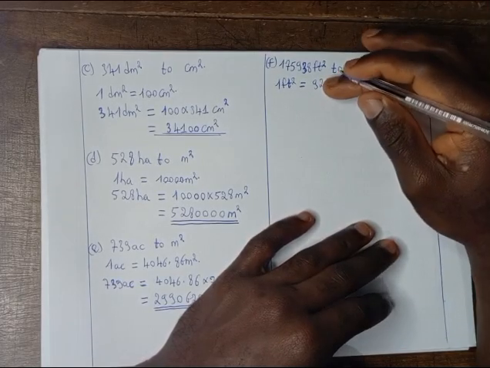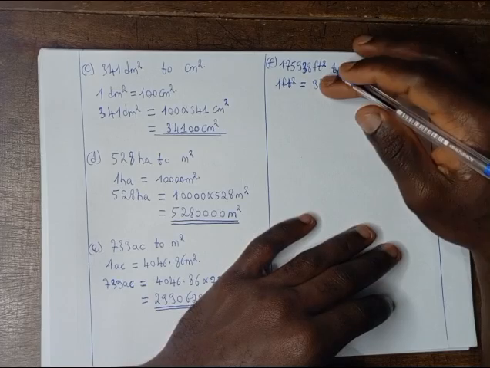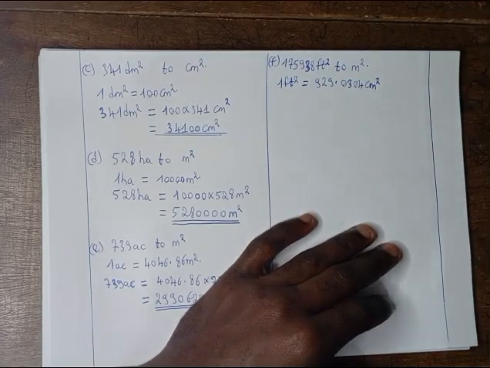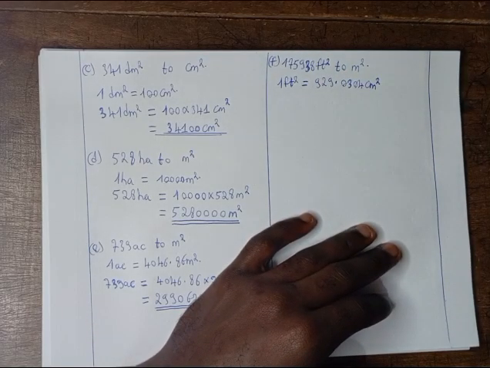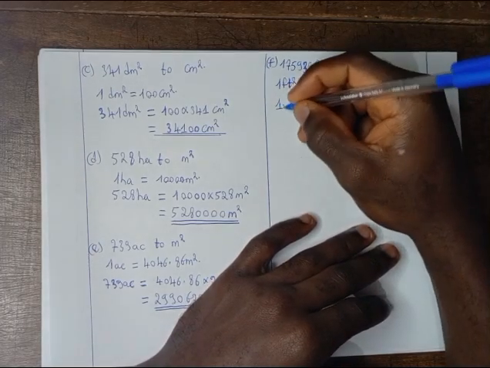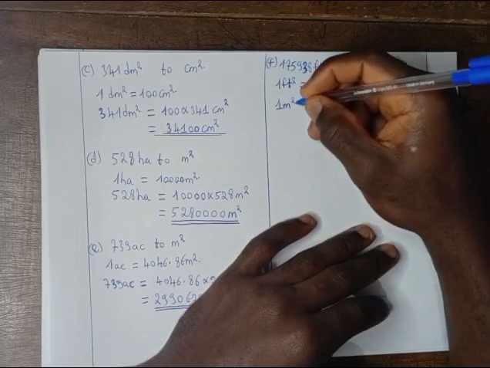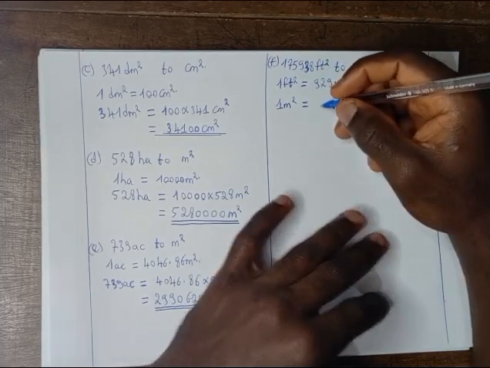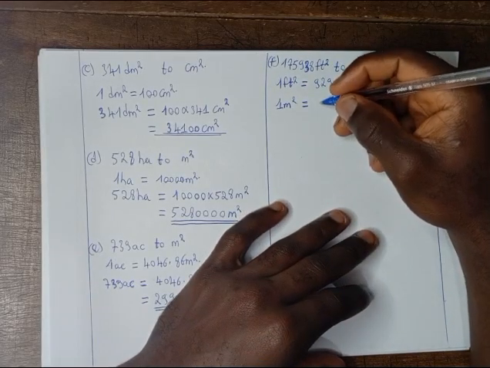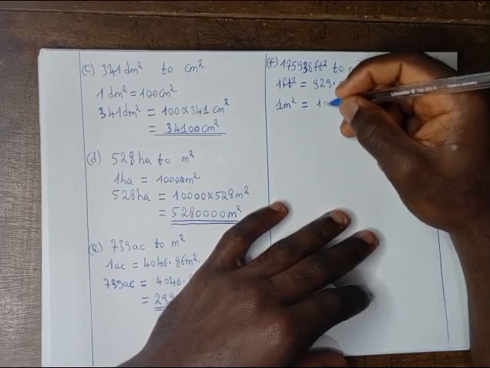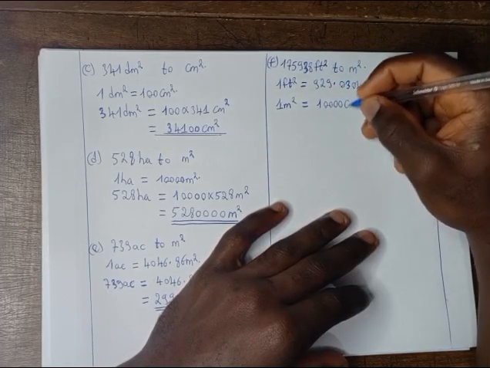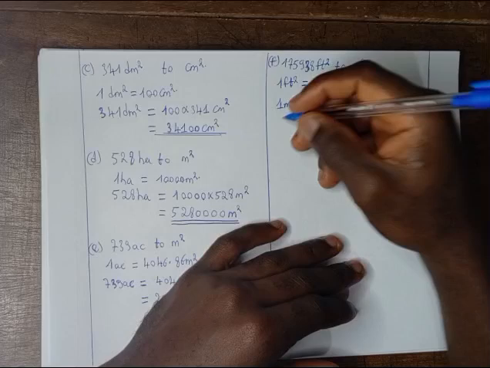Next, we need to convert this 929.0304 centimeters squared to meters squared. We know that 1 meter squared is equal to 10,000 centimeters squared.